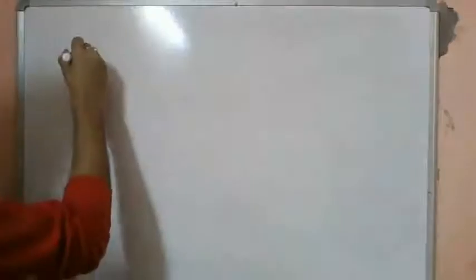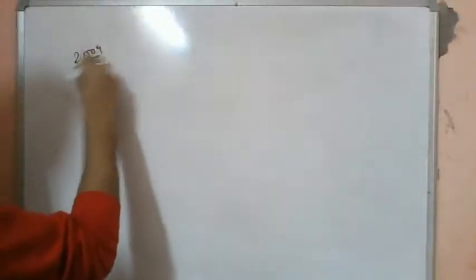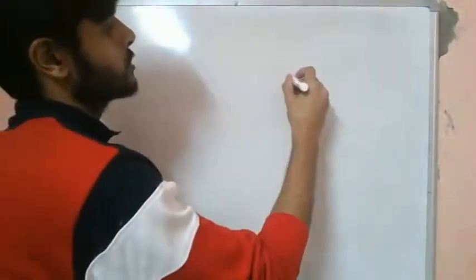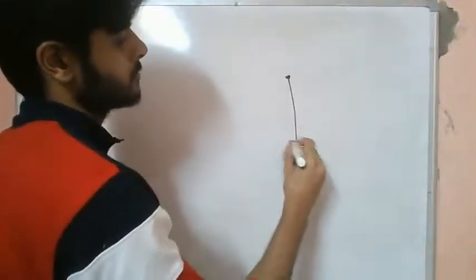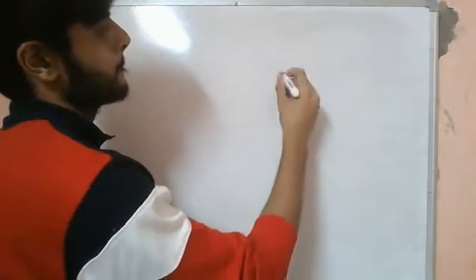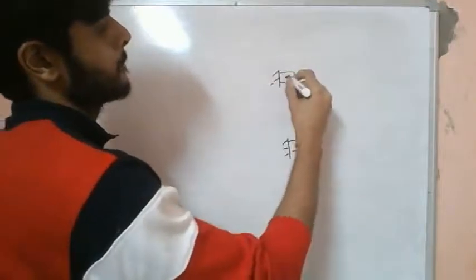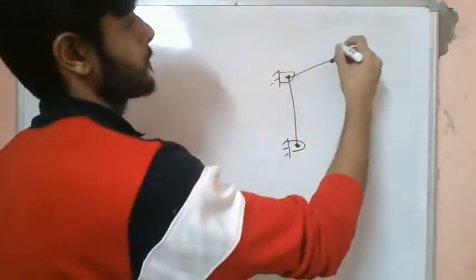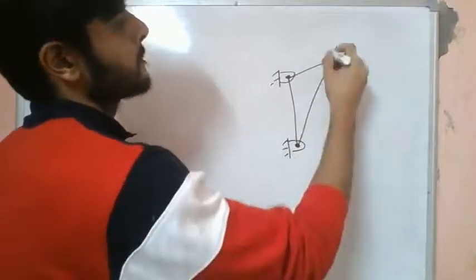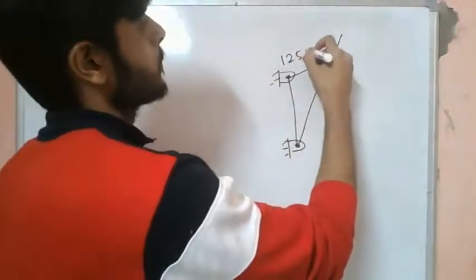This is from GATE 2009. We are given a crank and slotted lever quick return mechanism. The crank length is given as 125 mm.